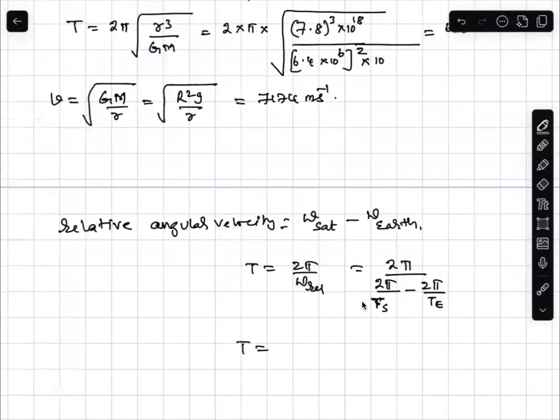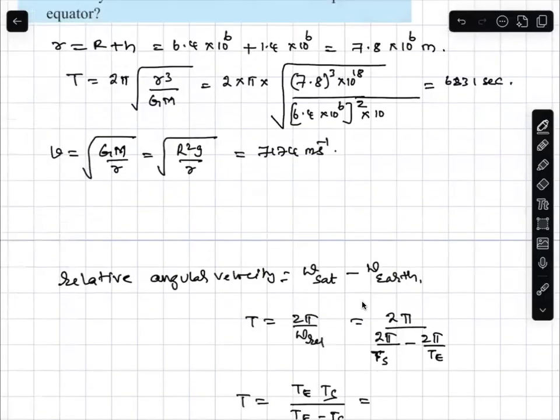Finally, T is TE TS by TE minus TS. By substituting, you already have that data, no? This is T satellite, and you know T Earth is 24 hours. By substituting properly, you will get the answer around 7417 seconds.